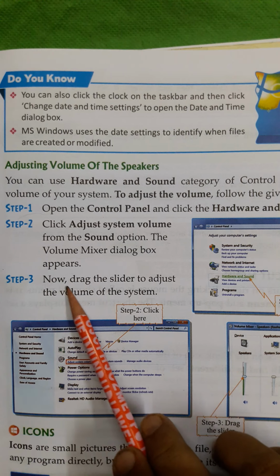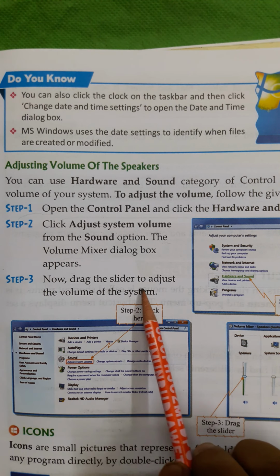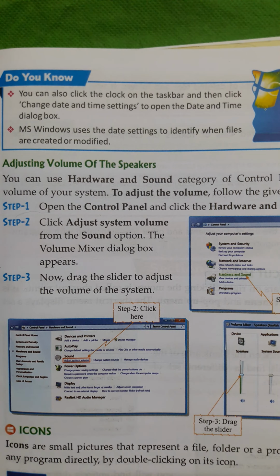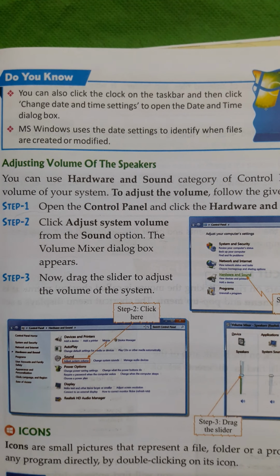Step 3, now drag the slider to adjust the volume of the system. As you select the control panel, hardware and sound, and after that adjust system volume, the option will come where you can increase or decrease the volume. You just drag the slider and you can increase the volume.